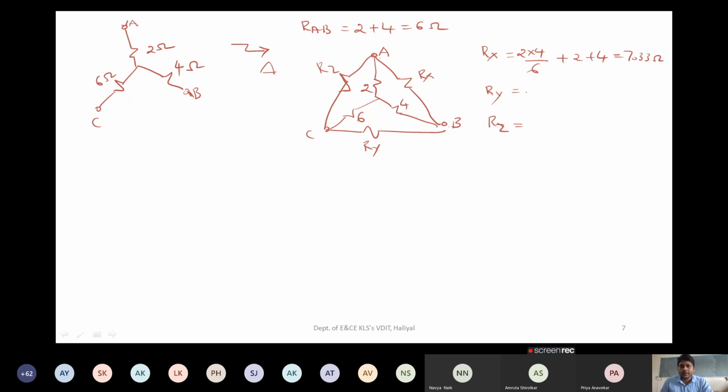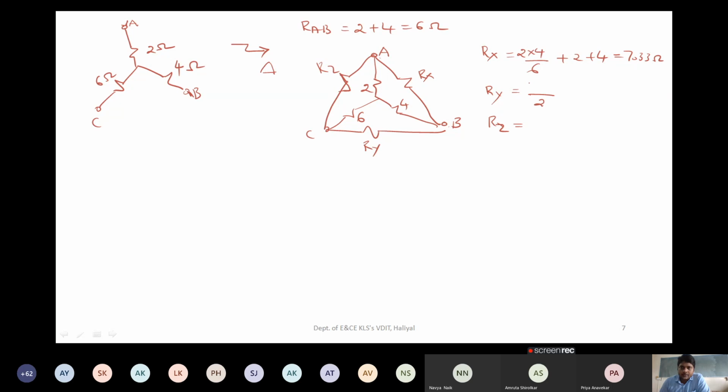Similarly, what will be Ry? Can anyone calculate and tell? In order to calculate Ry, look into the opposite resistor, so take it to the denominator.